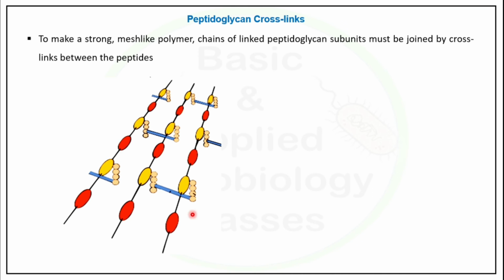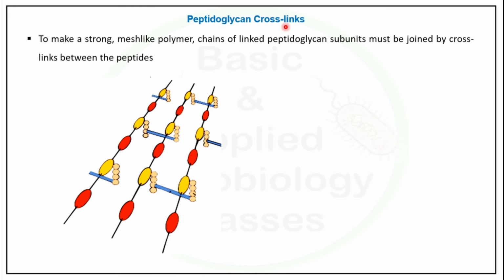This joining or attachment of different chains having identical subunits of peptidoglycan is called what? Cross-linking, right? Cross-linking is the joining of chains of linked peptidoglycan subunits. And cross-linking occurs between what?